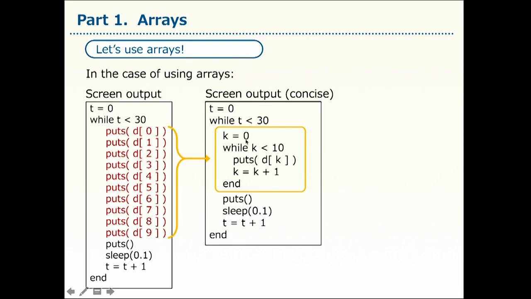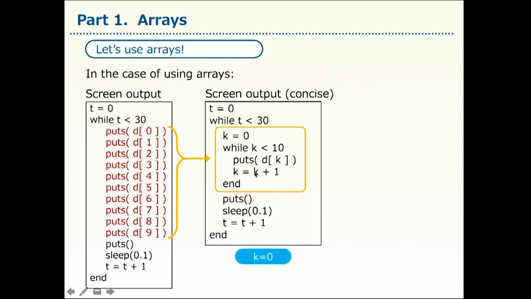As you can see, there is a loop here. This one is a while statement. Do you remember? For a while statement, while this condition holds, the statement up to end is repeated. In this case, while k is less than 10, these two statements are repeated.